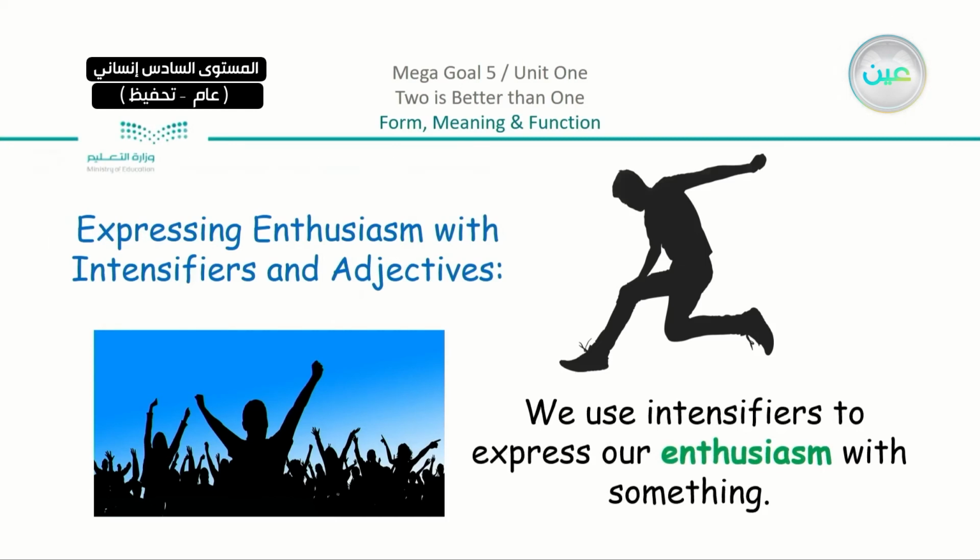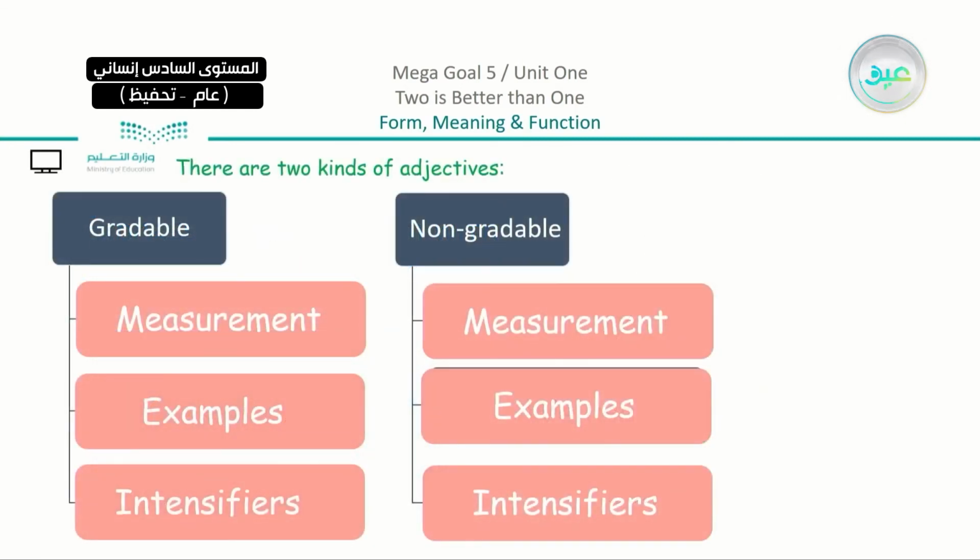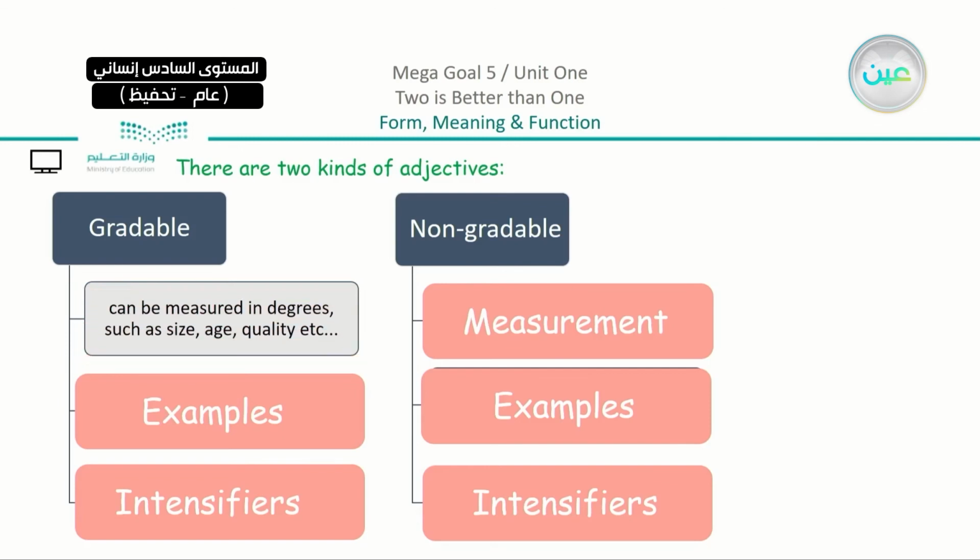Now we can see that there are different types of adjectives here. We have two types: gradable and non-gradable. For the gradable part, we can see the measurement. It can be measured in degrees such as size, age, quality, and so on.